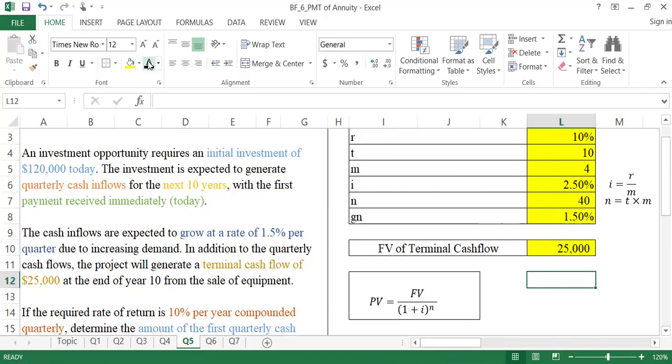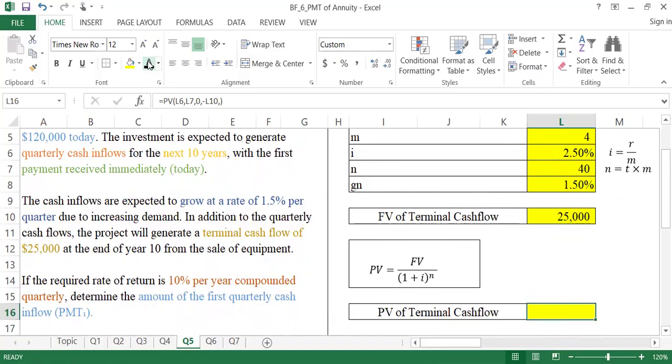So even the 25,000 terminal cash flow has to be discounted at a 2.5% quarterly interest rate and for 40 quarters. So the PV of the terminal cash flow is 9311.